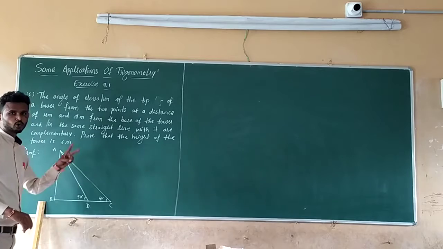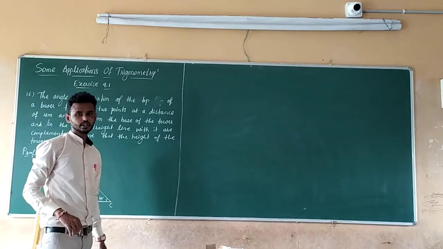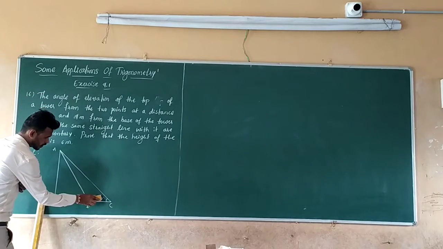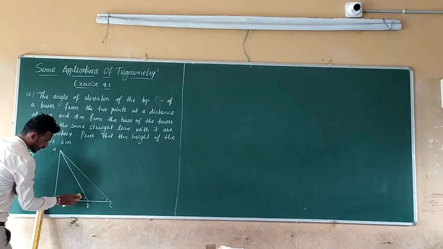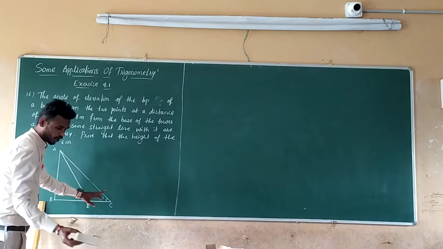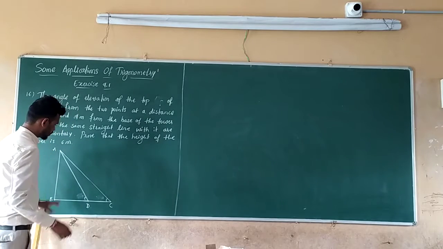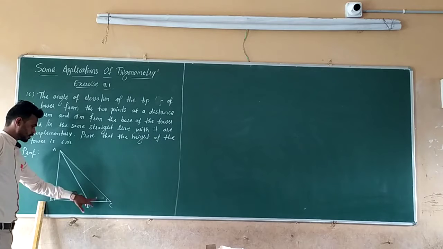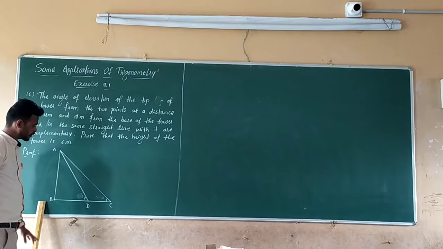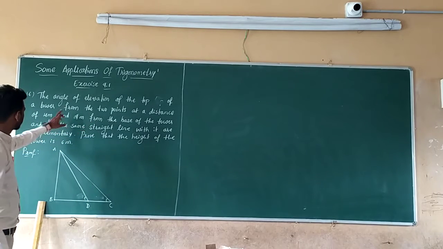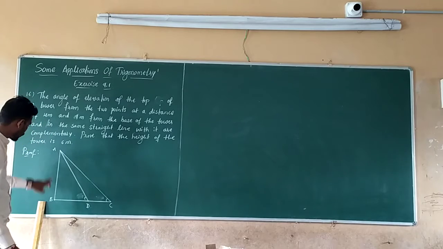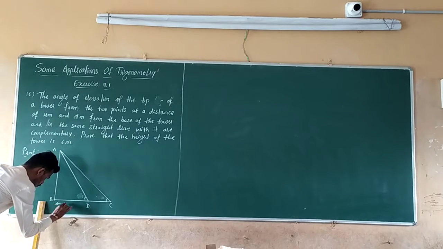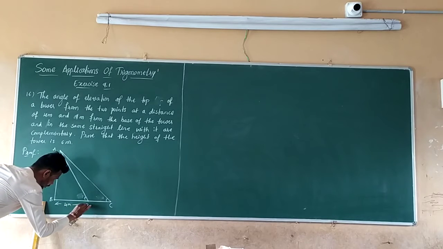Complementary means the sum of two angles will be how much? 90 degrees. But they have not given any angle. They just say these two angles are complementary, and they give distances.